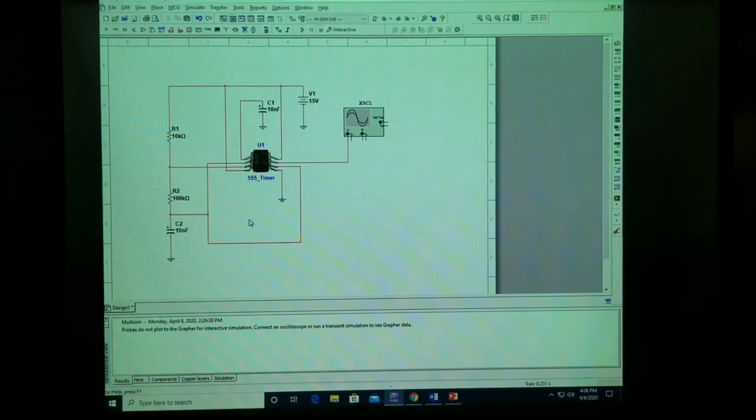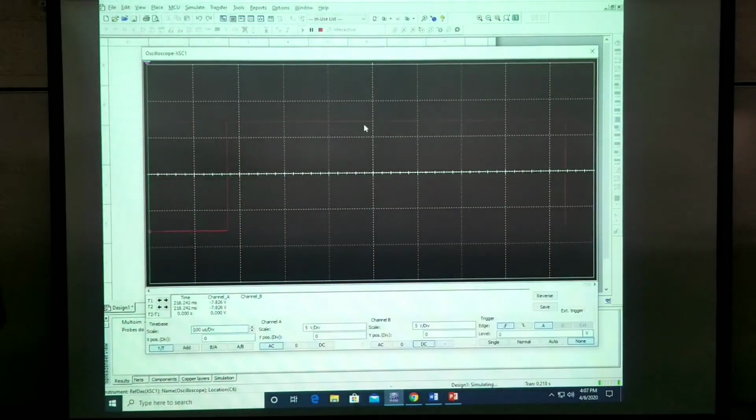So with the circuit built and our resistor A being a 10K ohm resistor and our resistor B being a 100K ohm resistor, we're going to start up the simulation and look at our oscope.